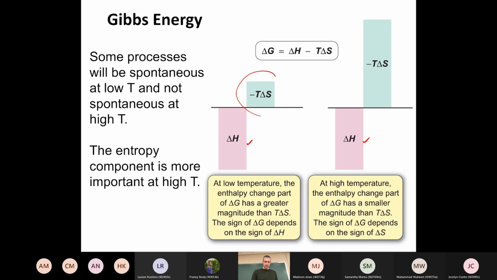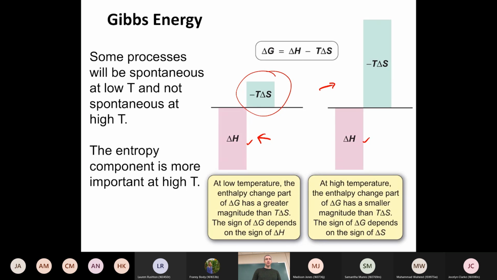What actually changes is the T delta S part. At higher temperatures, the entropy part becomes more important. In this case, the delta H is the major contributor, and over here, the delta S is the major contributor. So temperature really does matter, and you can switch a reaction from being spontaneous to non-spontaneous by changing the temperature.